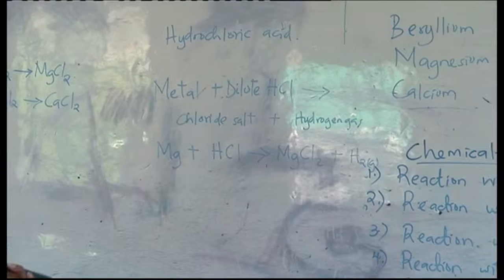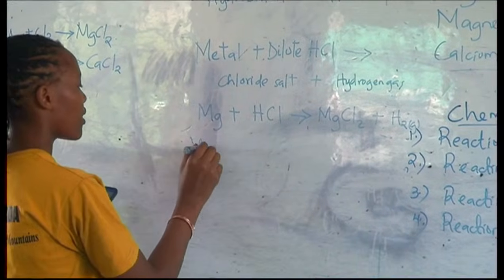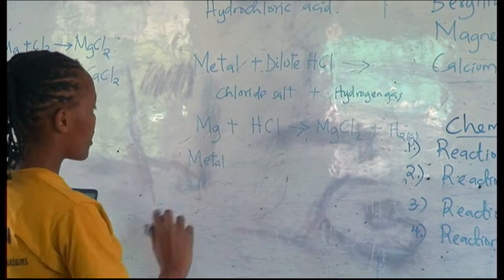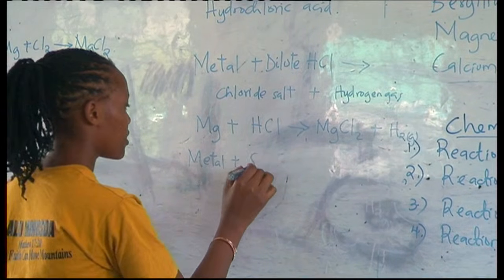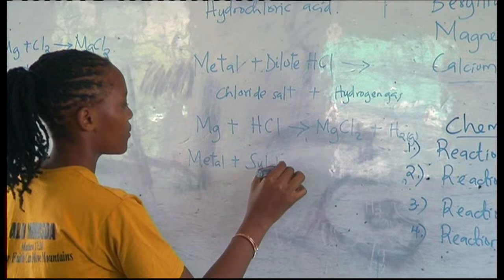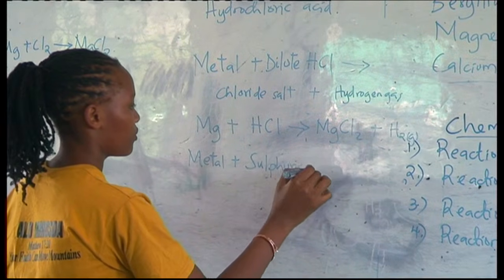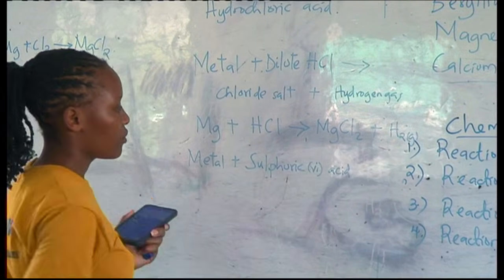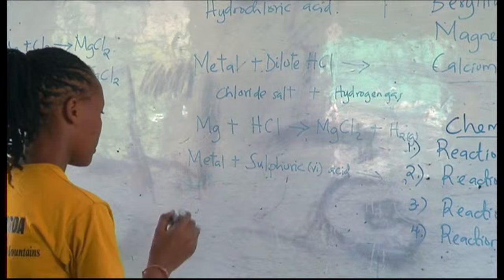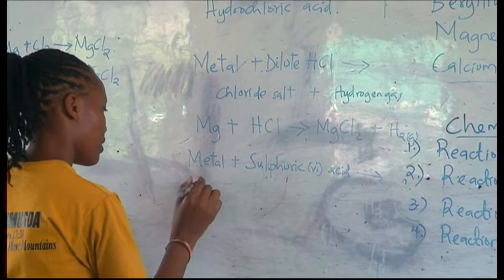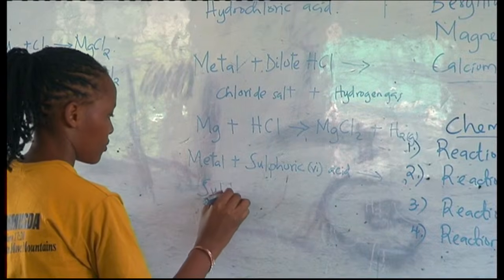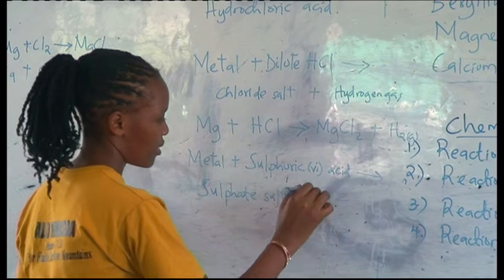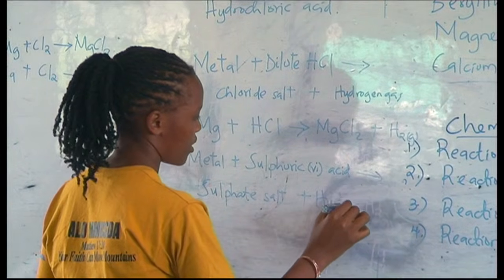And also, when a metal reacts with another dilute acid, which is called sulfuric acid, it will form a sulfate salt plus hydrogen gas.